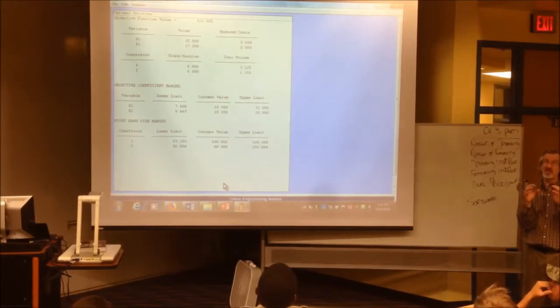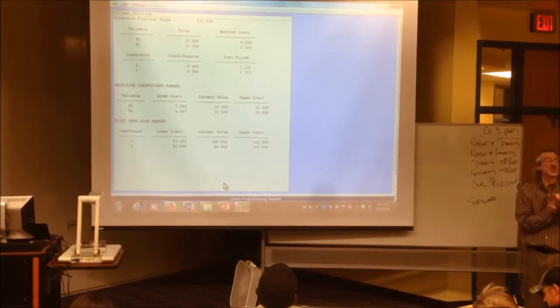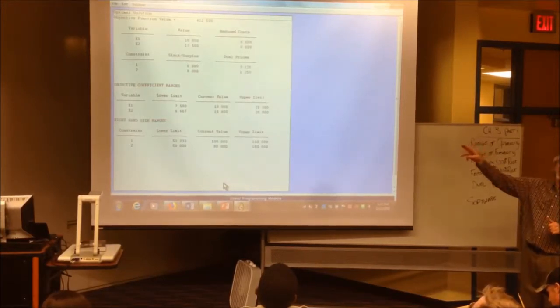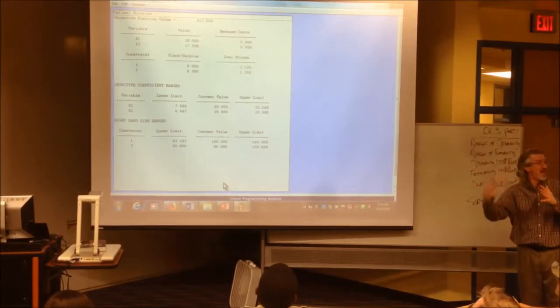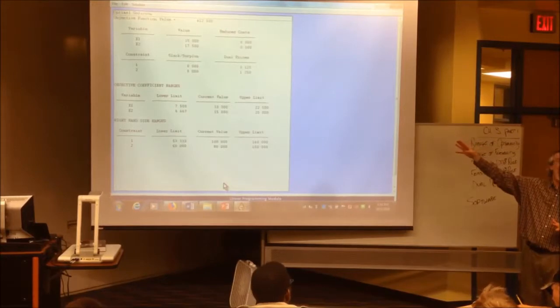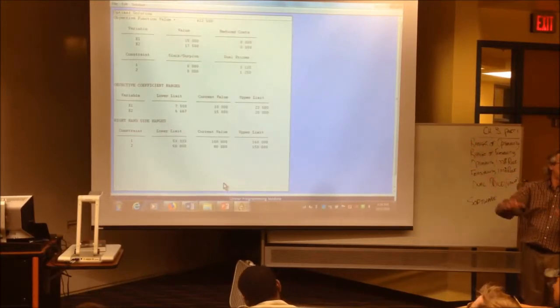Not every software has it at the top. So make sure you realize every software has the objective function value somewhere, and everyone I've seen calls it the objective function value, so that should be easy to find. Some softwares list the variables and put optimal solution, some put value, some put different words, but the optimal solution's on every one of those outputs somewhere, depending on how they name them.